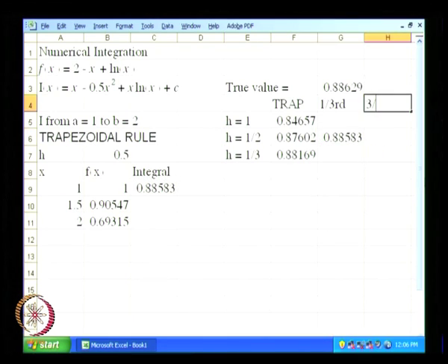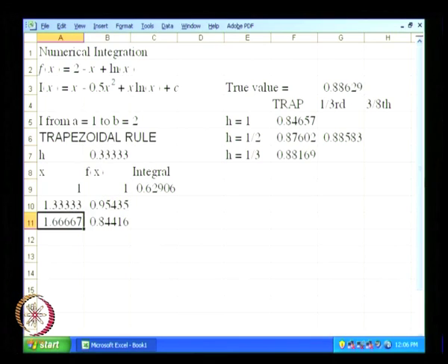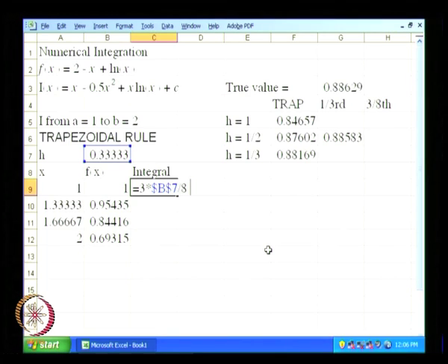Okay. And finally, we will use the 3/8 rule. And for 3/8, h is 1 by 3. And the integral using the 3/8 rule is going to be equal to 3 multiplied by h, and I will put the dollar signs over here, divided by 8 multiplied by f1 plus 3 multiplied by f2 plus 3 multiplied by f3 plus 1 multiplied by f4.